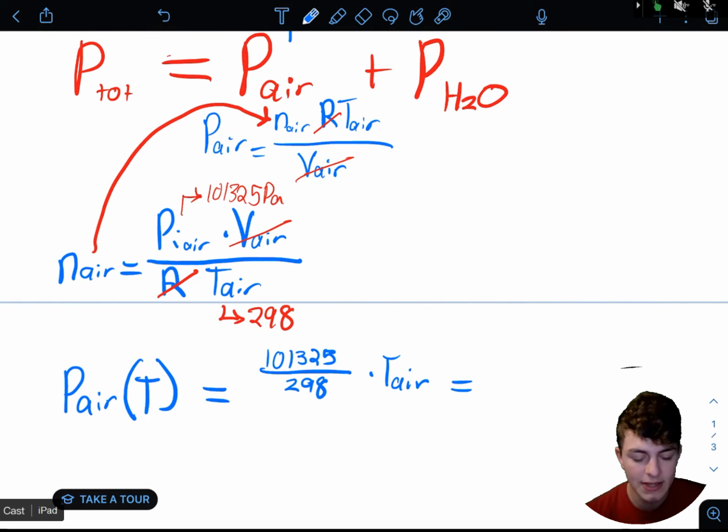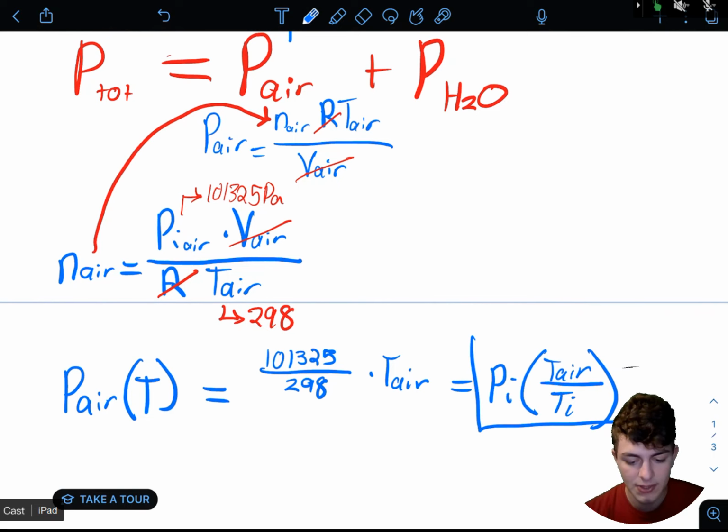We could also write this as the initial pressure times the ratio of the two temperatures, the temperature of the air over the initial temperature, which is how we're going to use it when it's implemented in our code. So that makes that kind of fun.